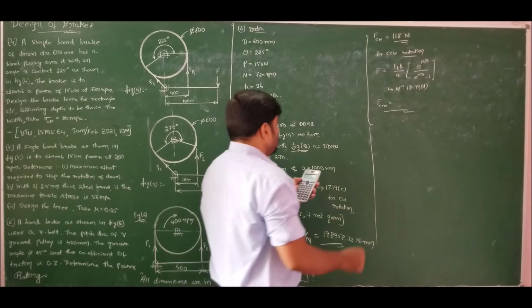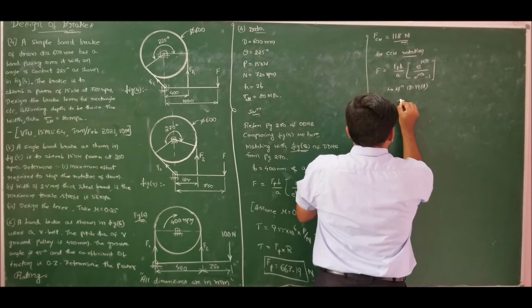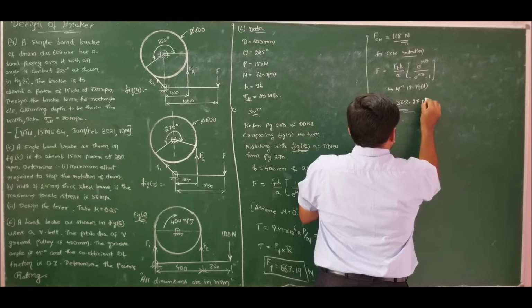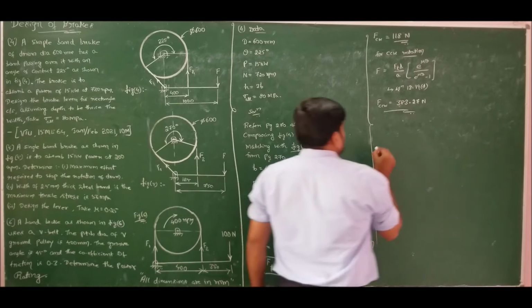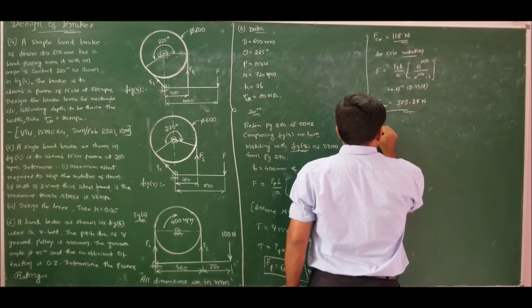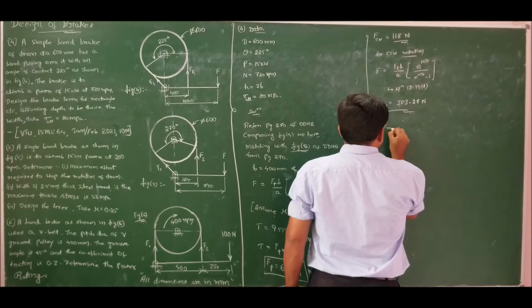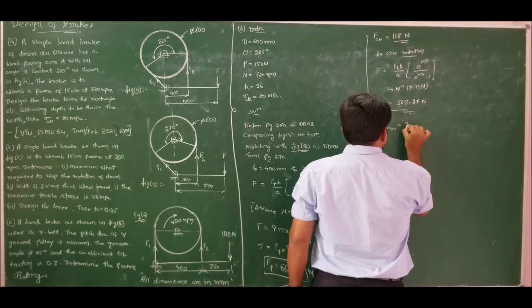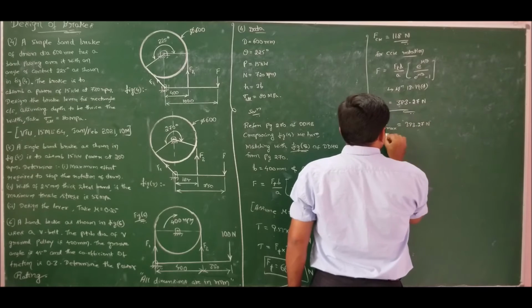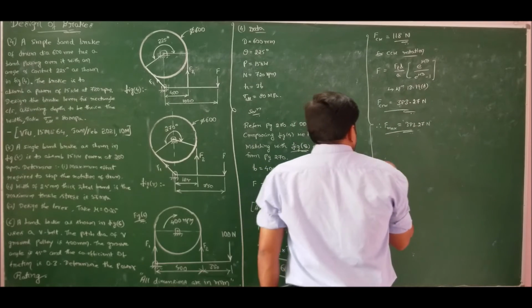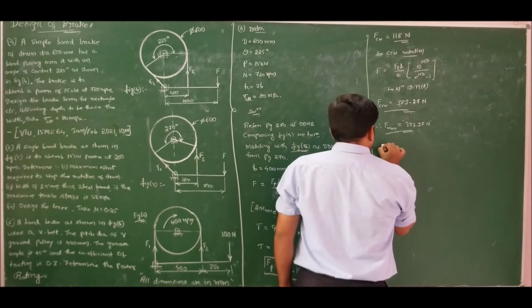So if I substitute and solve, I will get the answer as 383.27 newtons. So therefore, the maximum actuating force F max is 383.27 newtons.